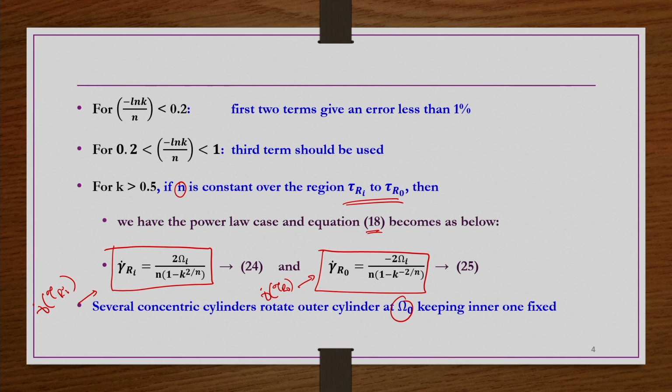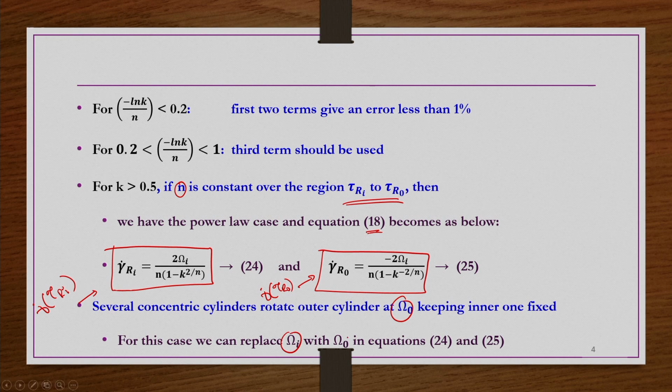If the inner cylinder is fixed and the outer cylinder is rotating, then you simply replace omega I with omega naught, where omega naught is the velocity at which the outer cylinder is rotating. And then you can use these two equations for shear rate.